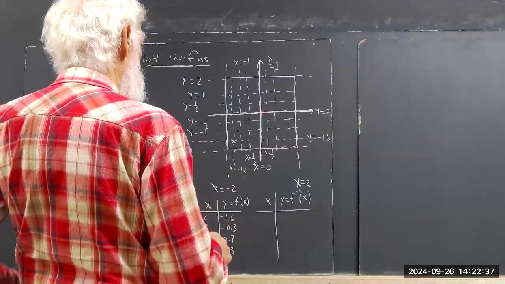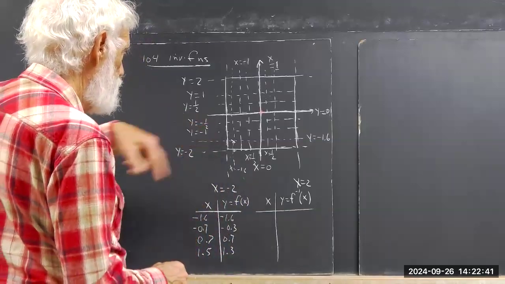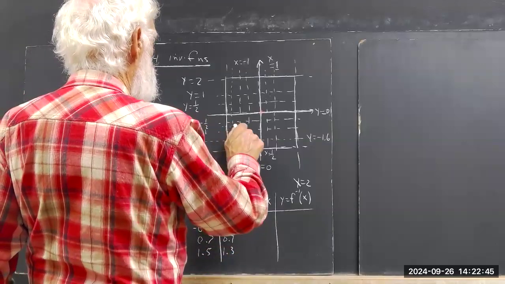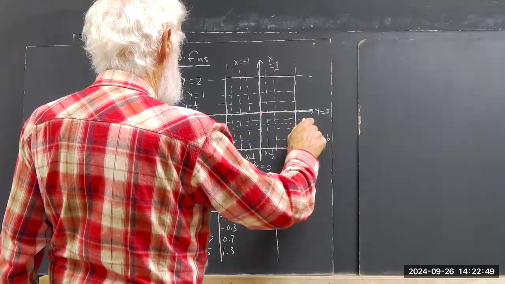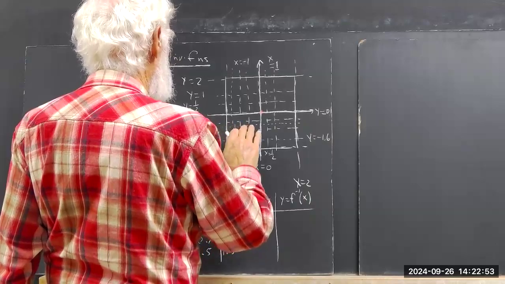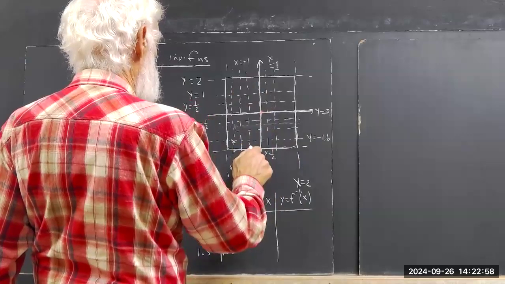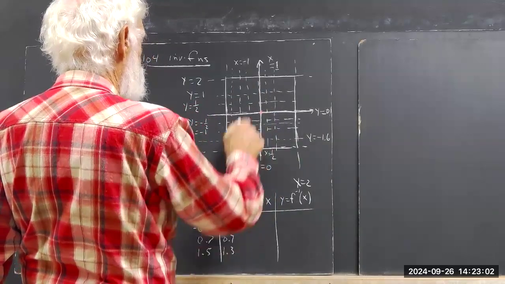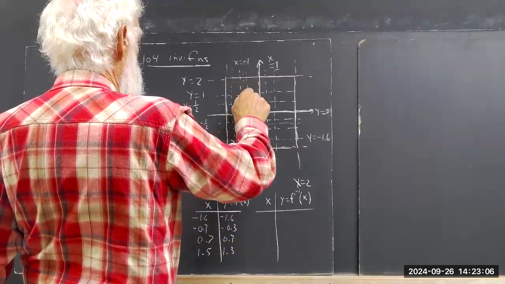Then -0.7, -0.3. -0.7 is between -0.5 and -1, so it's going to be about here. That's going to be between x equals -1/2 and x equals -1.